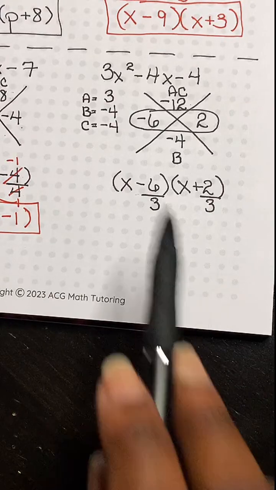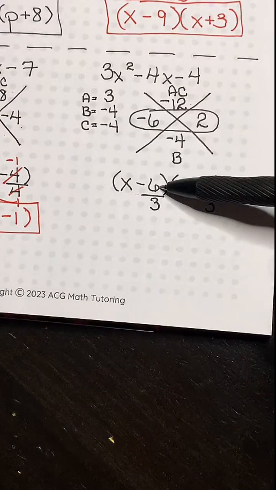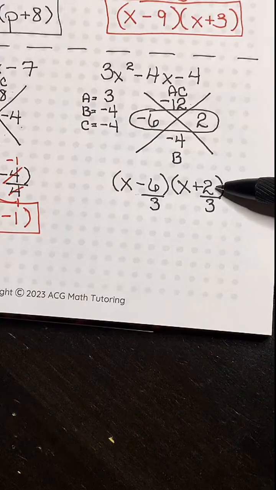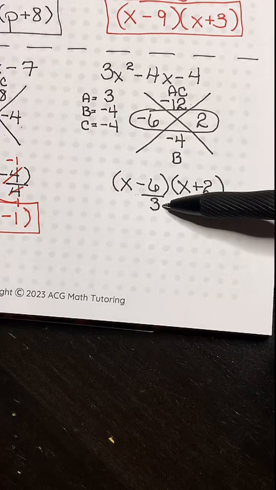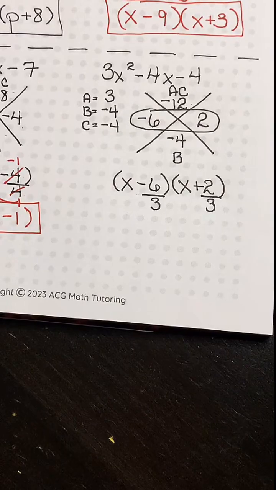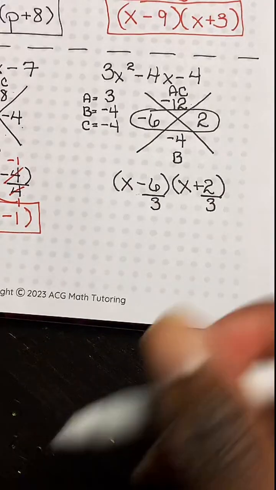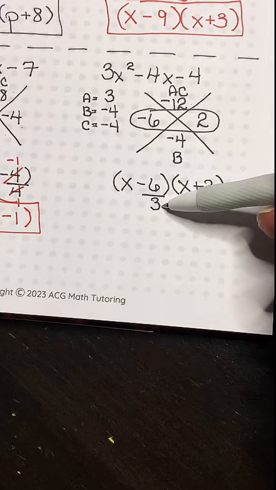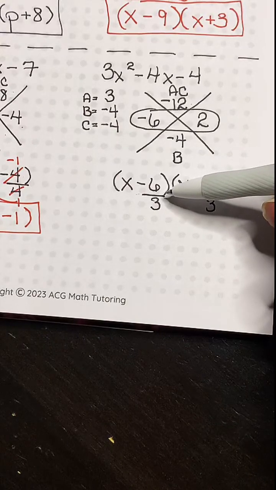So now look at your two fractions. You have a negative 6 over 3, and you have a 2 over 3. Negative 6 over 3 can be reduced, but reduced by what? There we go, Big Al. Yes, it can be reduced by 3.